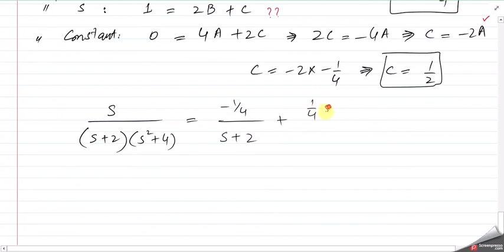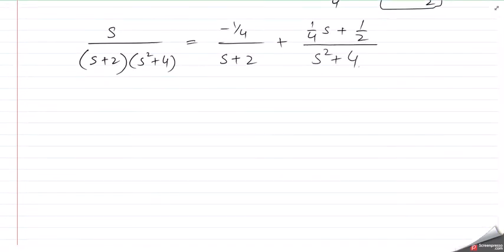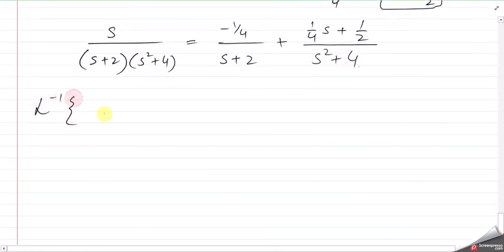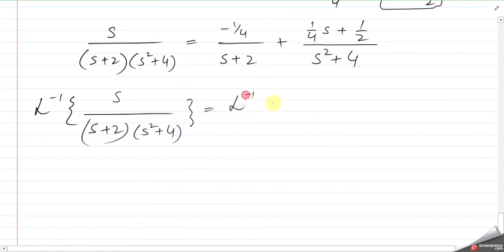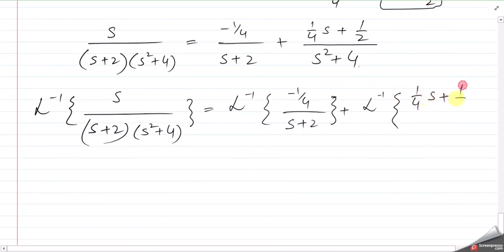So 1 by 4s plus 1 by 2 over s square plus 4. Actually, we wanted Laplace inverse of this thing, s over s plus 2 s square plus 4. So that means we need Laplace inverse of minus 1 by 4 and 1 by 4s. This thing.